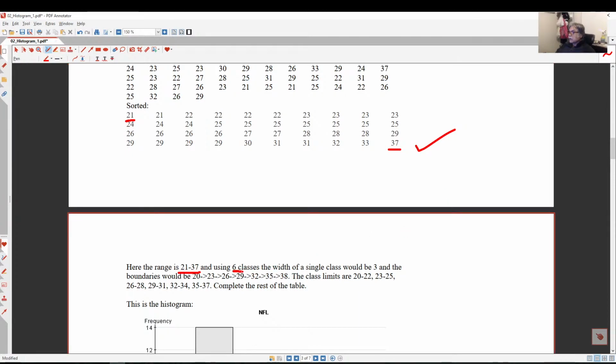If I use 6 classes again, I'm going to have to divide the range, which is 16, by 6, the number of classes. This is going to be somewhat of a problem because I end up with something that is again a decimal number.